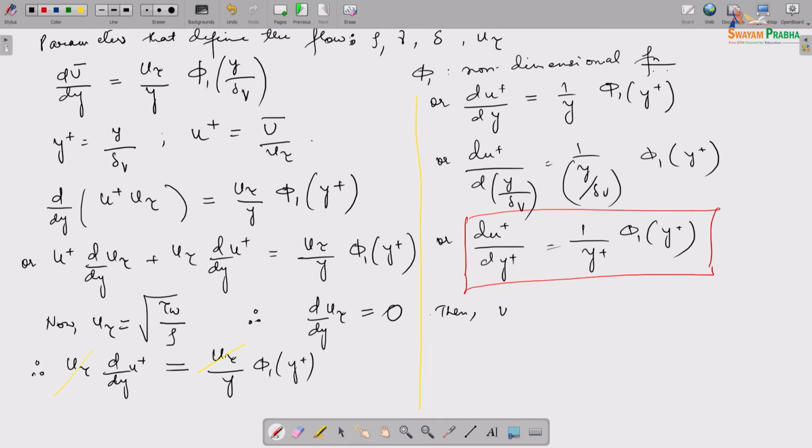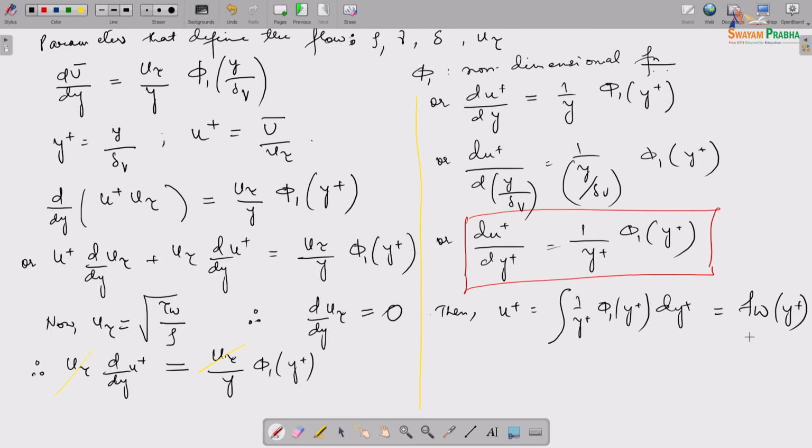So, u plus is actually an integral, and this is something that I am going to call the function of the wall, which is a function of this. I am going to just call this whole integral that. So, u plus is essentially that.